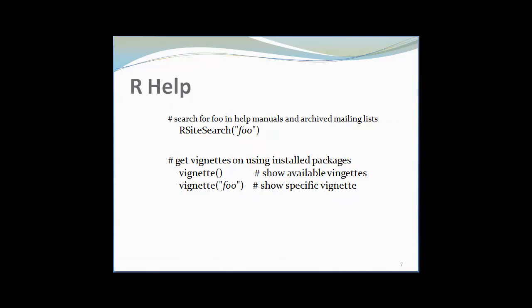Here are some more examples of searching help commands in R. For searching FOO in help menus and archived mailing lists, type RSiteSearch and in the brackets write FOO.